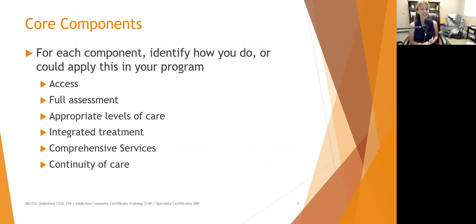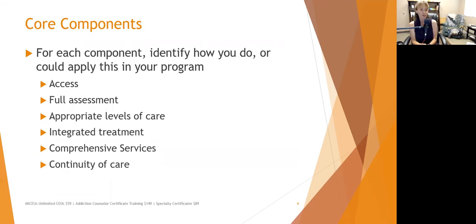Treatment needs to be integrated. You don't want somebody coming in and seeing their substance abuse therapist and then going somewhere else and seeing their mental health therapist, and those two therapists don't even know what each other are doing. We need to have, at the very least, medical, mental health, and substance abuse all on the same page about what's going on, what the treatment plans are, where we're moving with this.